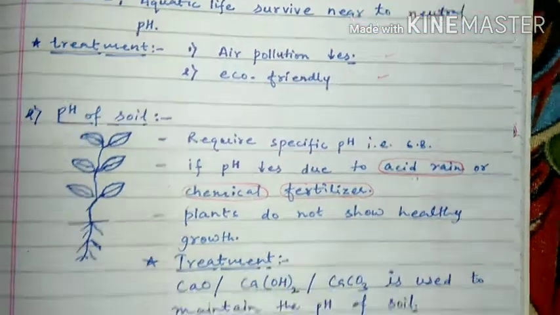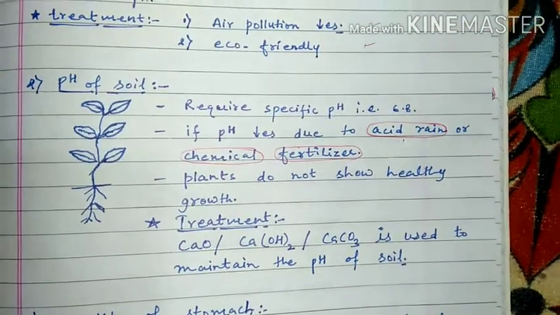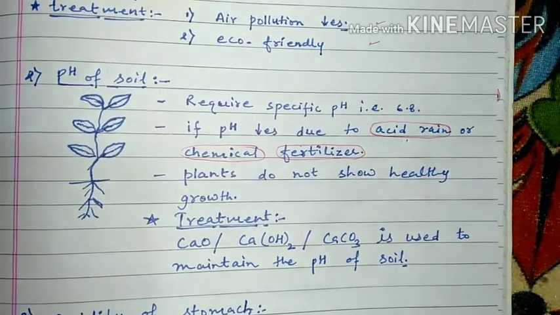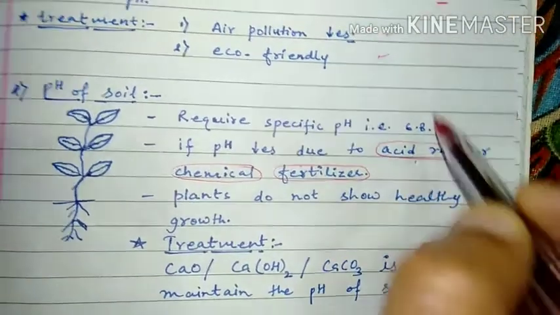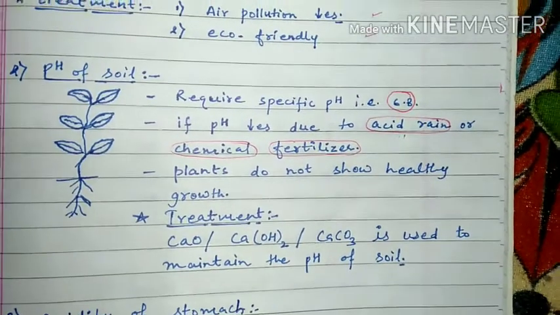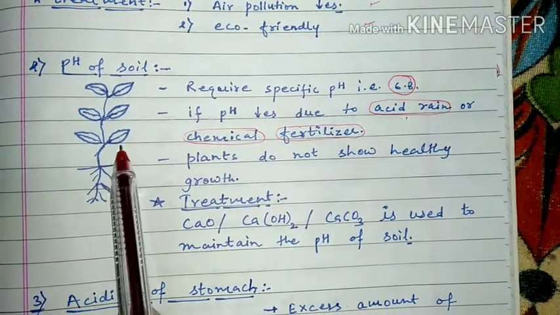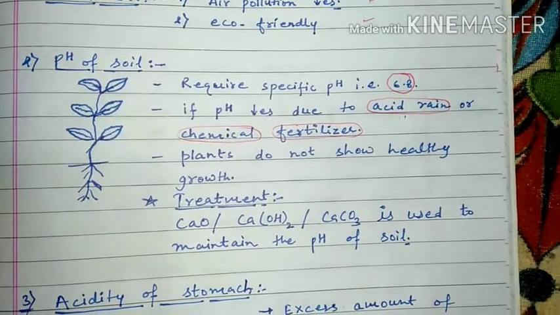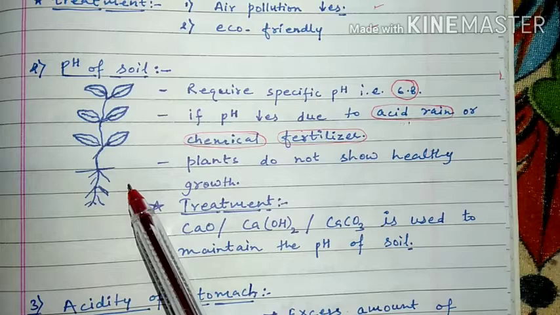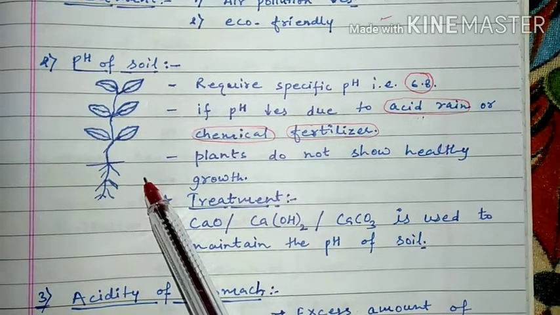Then student, we are going to discuss the pH of soil. Mostly the pH of soil is around 6.8. This is the specific pH at which plants grow easily, and because of that the plants give better grain.